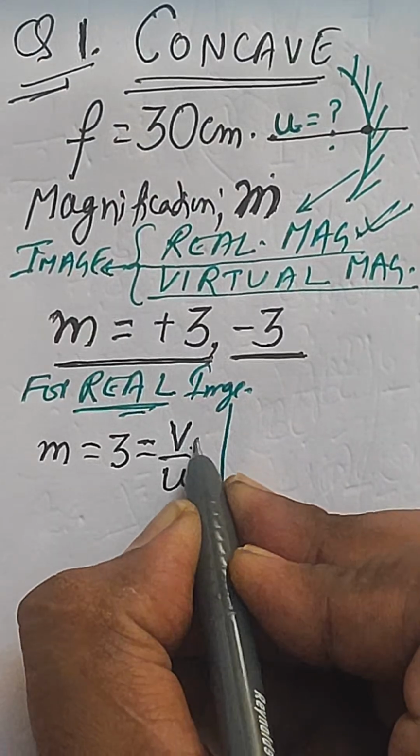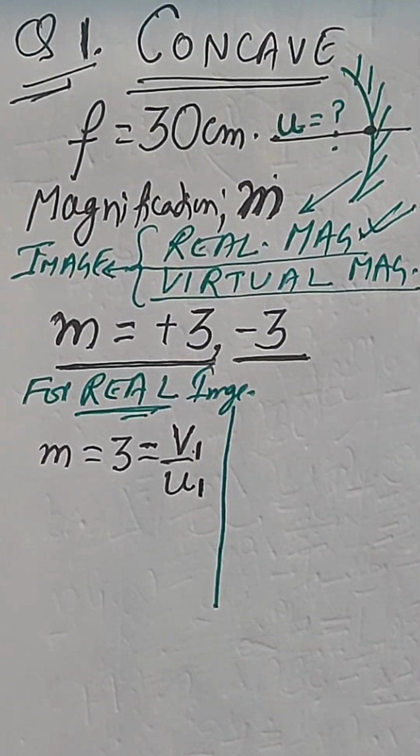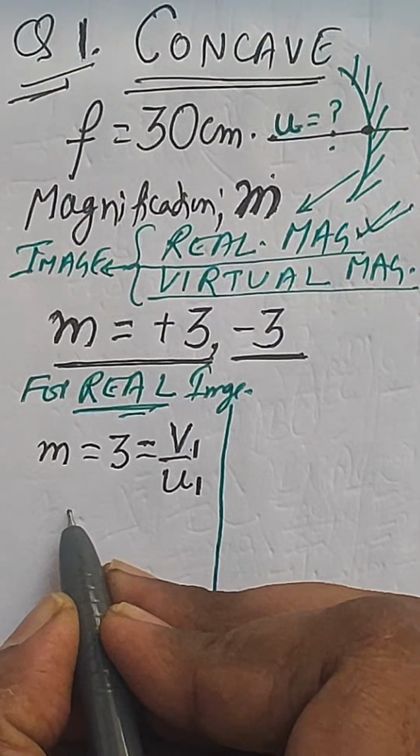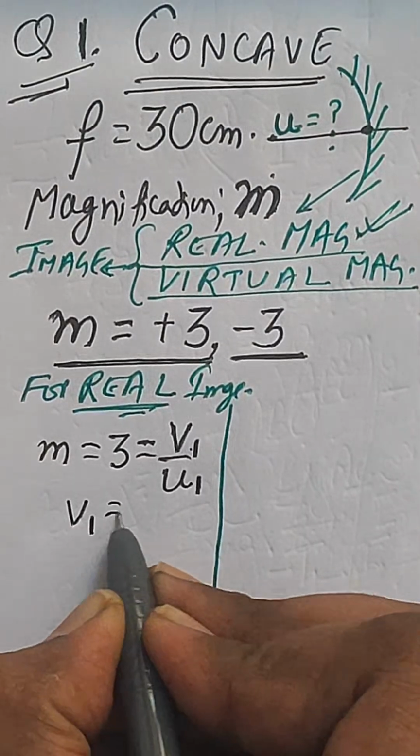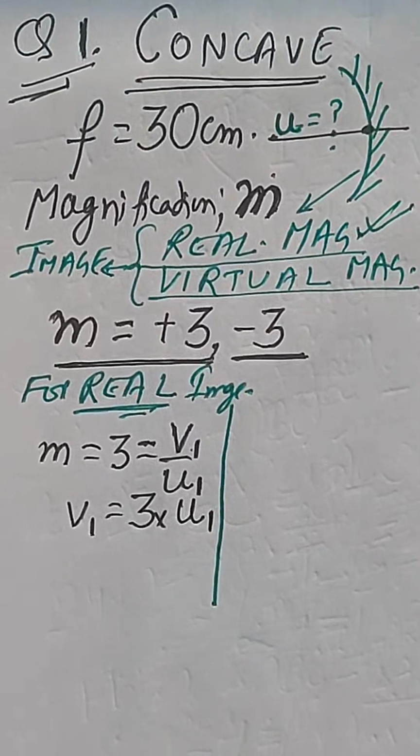Considering the first case, let's say it's v1 by u1. Now from here we can say v1 is equal to 3 times u1, isn't it?